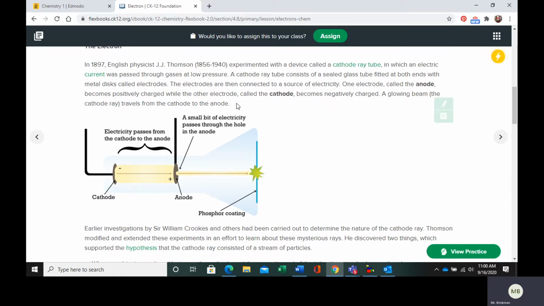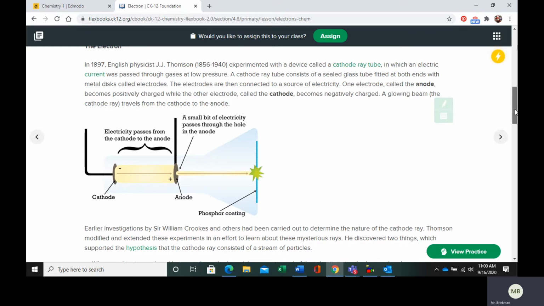The cathode ray tube is a sealed glass tube with metal discs at both sides, called electrodes. You connect the electrodes to a source of electricity. One is called an anode and one is called a cathode. The anode is positively charged, and the cathode is negatively charged.